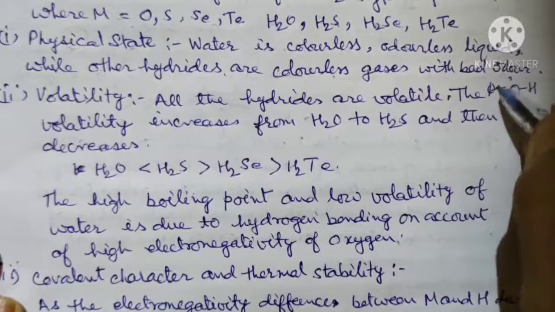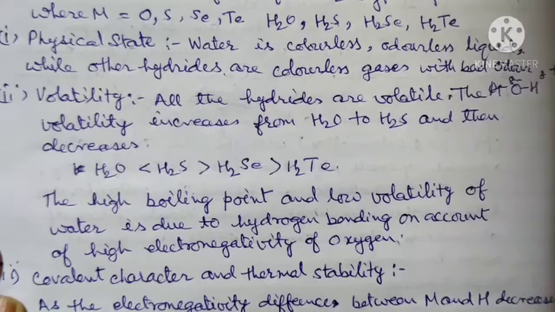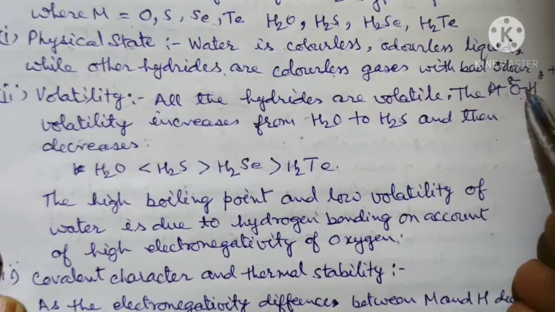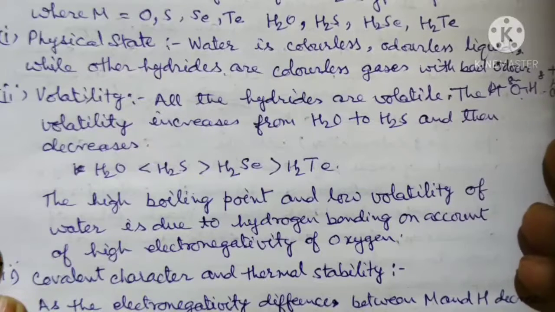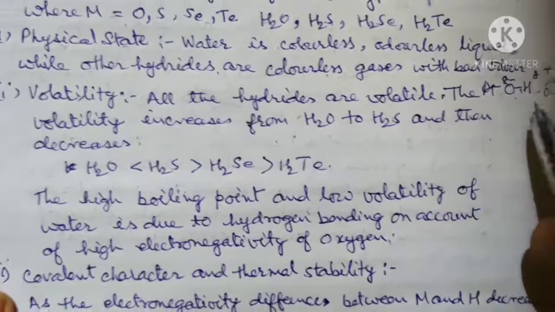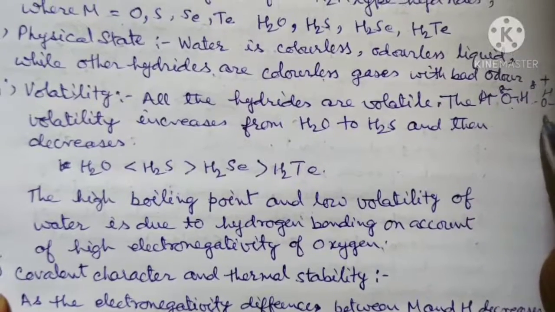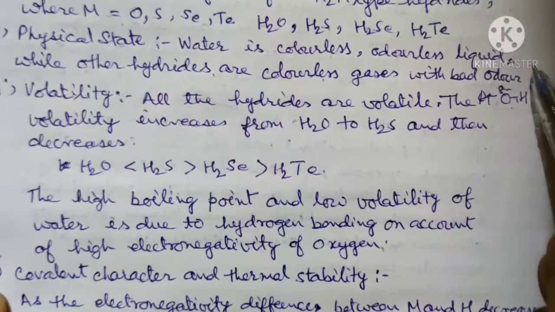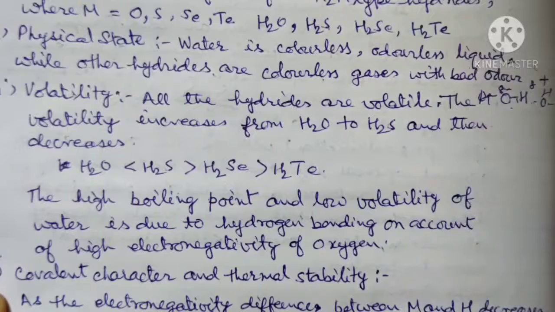This is delta negative and this is delta positive. Due to the polarity of the O-H bond, the water molecules join together by forming intermolecular hydrogen bonds. So these hydrogen bonds are formed here, and that's why it exists in the liquid state. So the physical state is due to the presence of intermolecular forces.